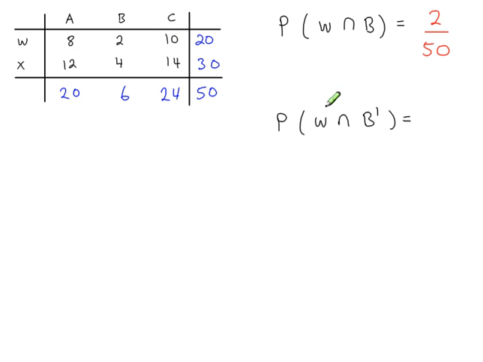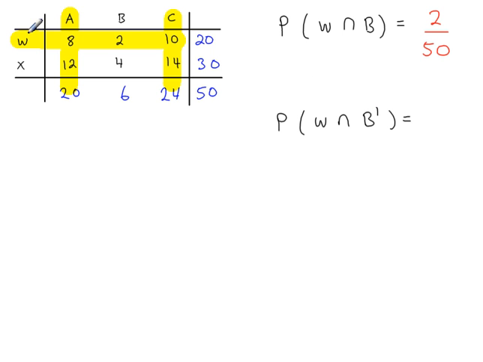The probability that W happens and not B. So W happening is here. That's all of this. And not B. Now B is in a column, so the other columns which represent B not happening are these. So where do you have W and not B?